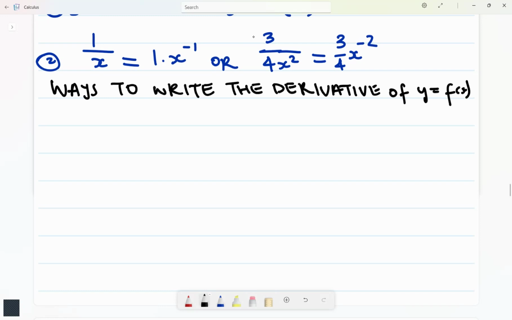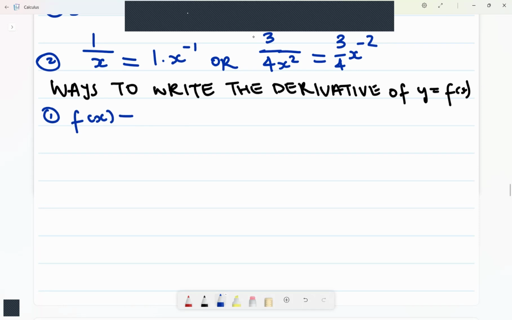What do we mean by that? Now we have many ways. The first one: when you differentiate f of x, you get f prime of x. This is when you are given f of x.